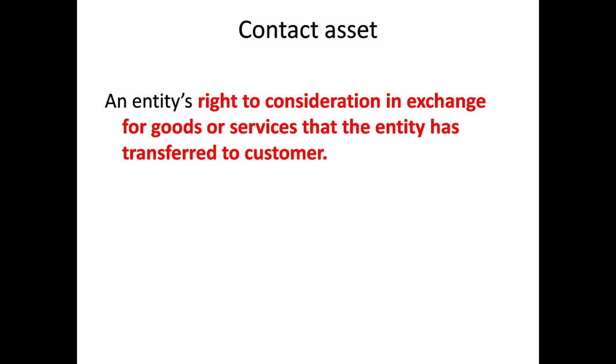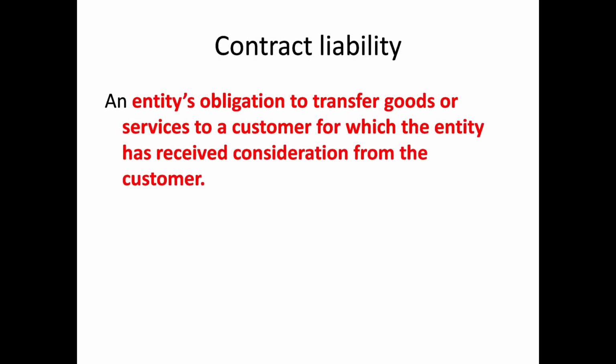The determination criteria is entity's level of performance and the customer's payment. Now here, entity has performed, but the customer has not paid. Therefore, that will be categorized as contract asset. Contract liability.